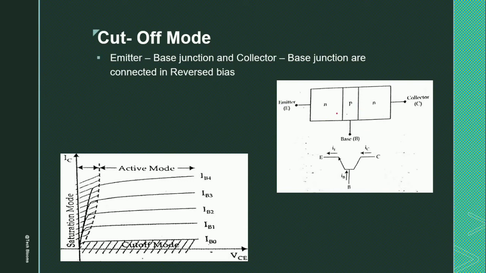That is, it will not conduct current, and both the currents IC and IB are equal to 0, and it offers infinite resistance. So there is no current conduction from emitter to collector. So in this case the transistor is said to be inactive, and your collector voltage will be just the supply voltage VCC. Now here you can see the cutoff mode in this figure.